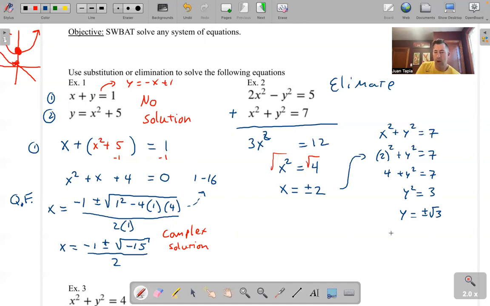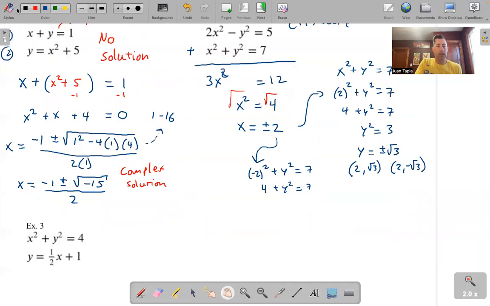which means when I plug in 2, I get 2 answers, 2 comma the square root of 3 and 2 comma the negative square root of 3. But I also need to plug in the other one, which was negative 2. And obviously, if I plug in negative 2, I'm getting essentially the same work because I get 4 again. And when I solve for y squared, I'm getting 3 again.